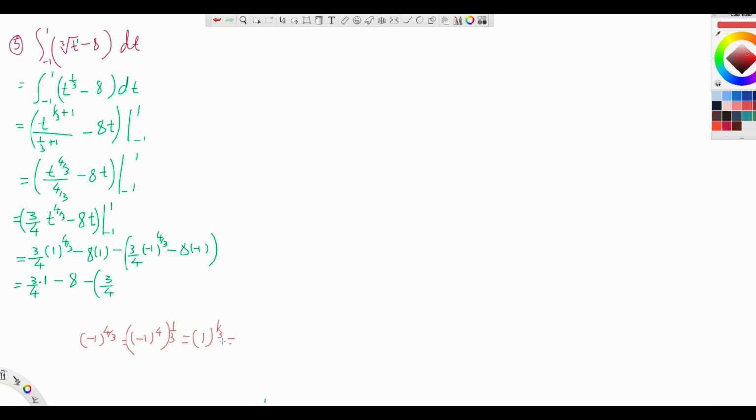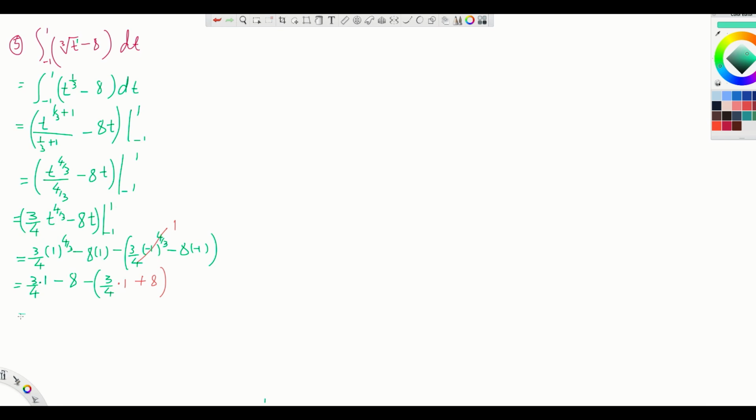So any finite exponent of 1 is 1. So this will become basically 1. You see that? All right. So let me write that. Okay. So this will be times 1. And then minus 8 times -1 will be plus 8. You see that? Okay.